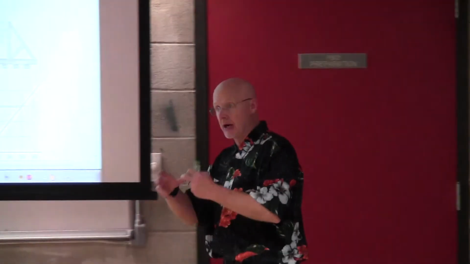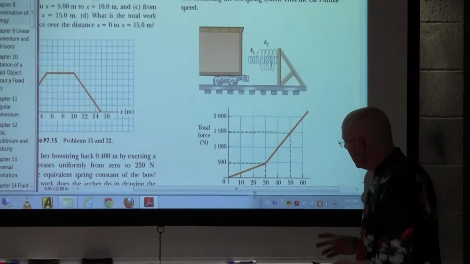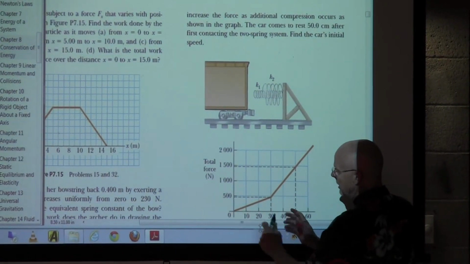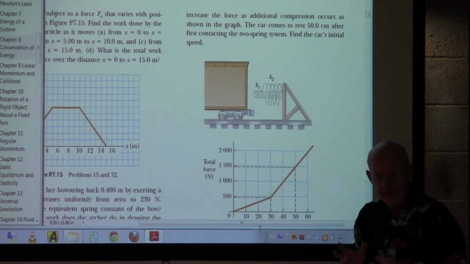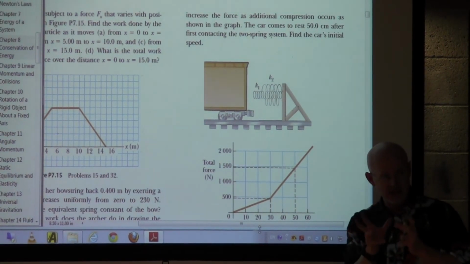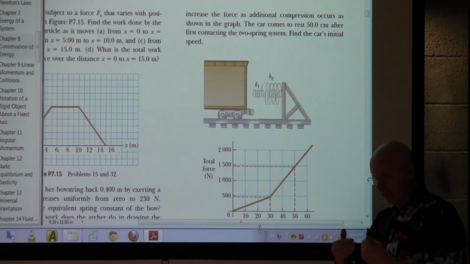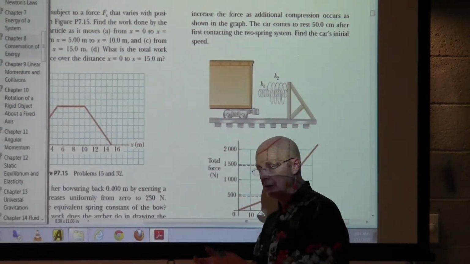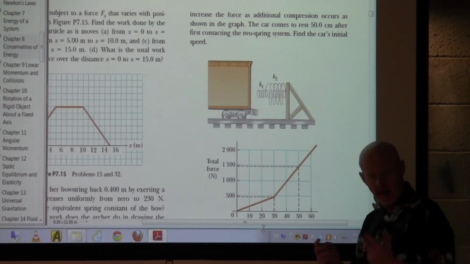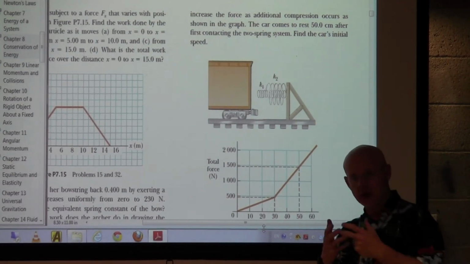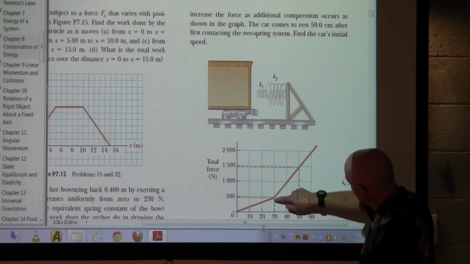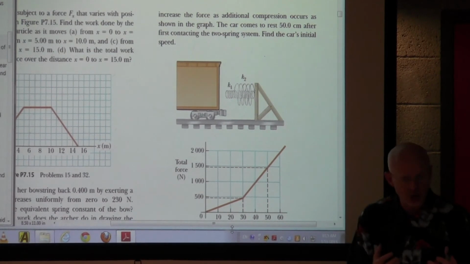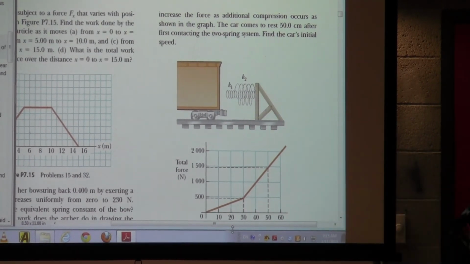And so the author is trying to help you out here understanding that the first 30 centimeters of compression is just that first spring. That is spring constant 1600. But after that, then you're compressing both springs. The one with a higher spring constant and the first one, which has already been compressed quite a bit. And so it's saying now your force is a much larger increase for every meter you compress it.